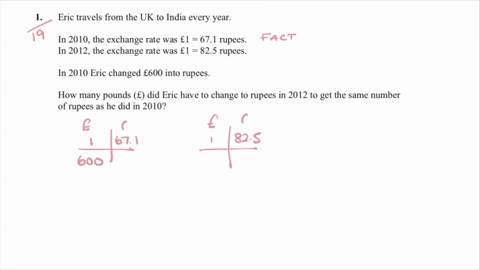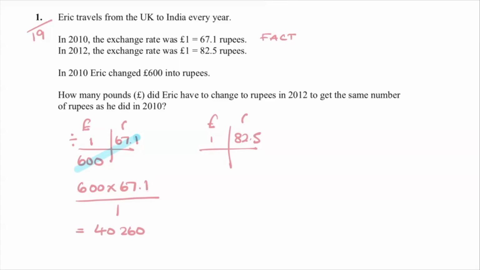How does this work? We just multiply across the diagonal. So we're going to be doing 600 times 67.1. And then we would divide by the number in the corner. Now, dividing by 1 isn't going to make a massive difference here, so you might not even want to show that. Put that in your calculator and you get this. Now, we want to work out how many pounds he'd have to change in 2012 to get the same number of rupees.